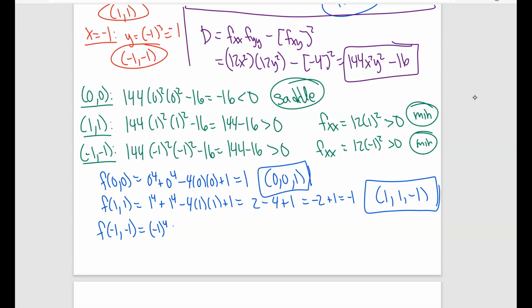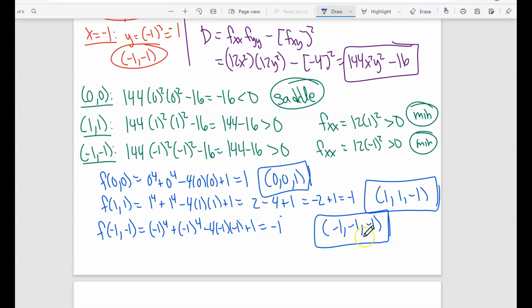Negative 1 to the 4th plus negative 1 to the 4th, minus 4 times negative 1 times negative 1, plus 1. You're going to get the same thing. So you're going to get negative 1, negative 1, negative 1. All right, and that's how you would do them. This is a saddle point. These two are your minimum points.